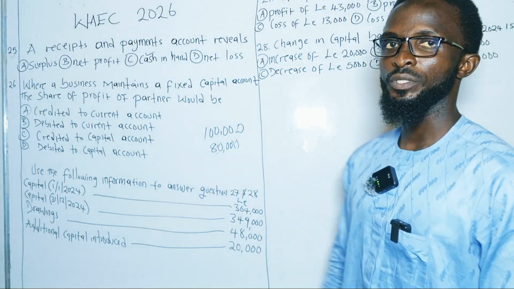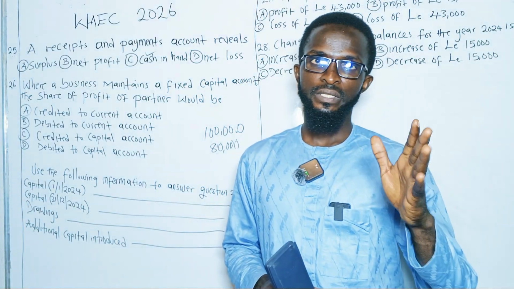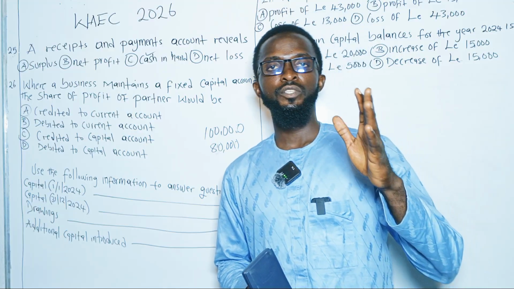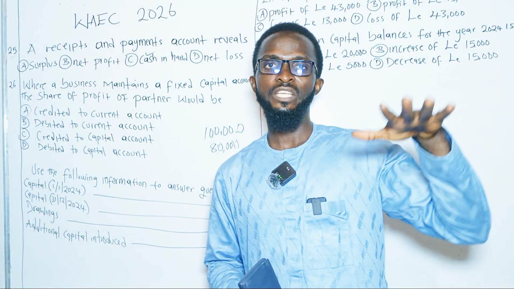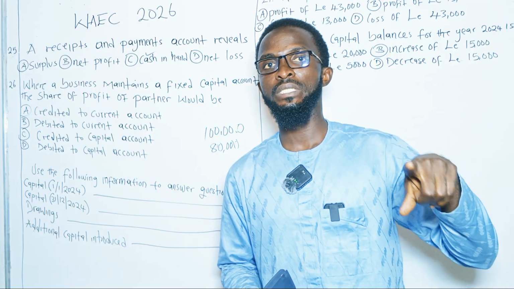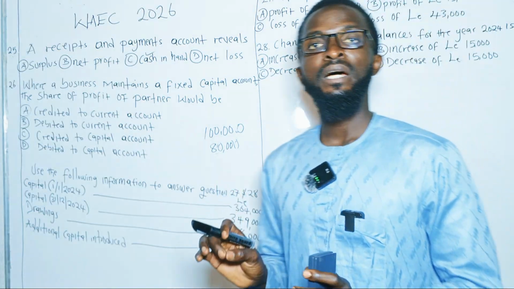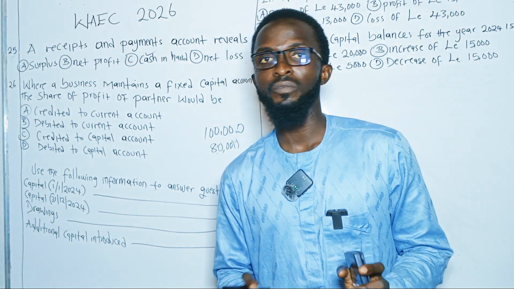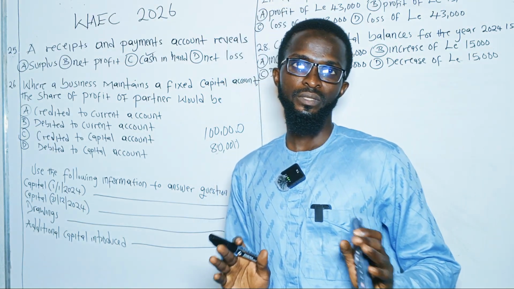This question is trying to test our understanding of a situation in a partnership where we could maintain capital as fixed capital or fluctuating capital. So normally under fixed capital, the balance of capital is not expected to change. It is expected to remain the way it is.